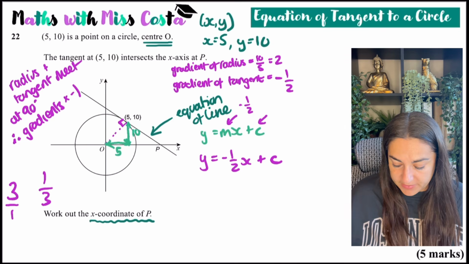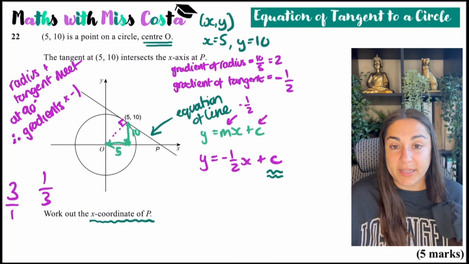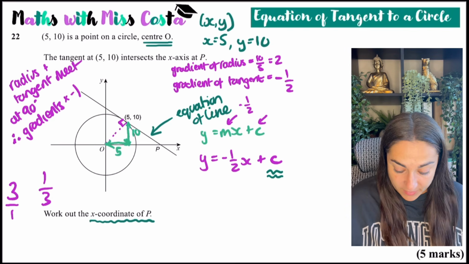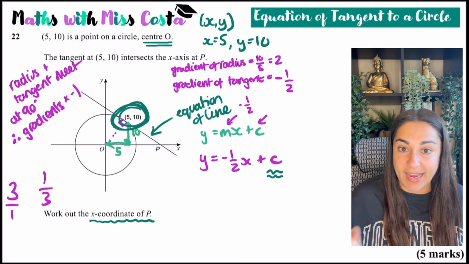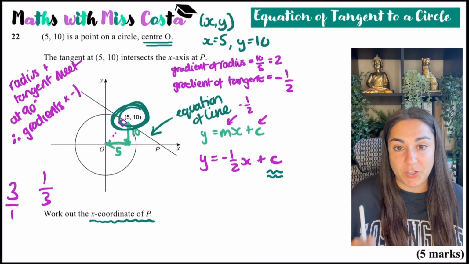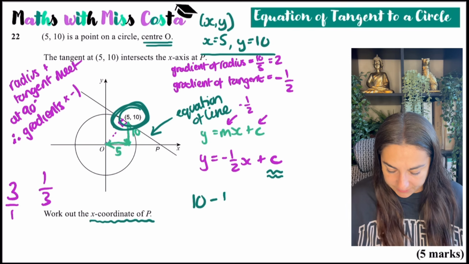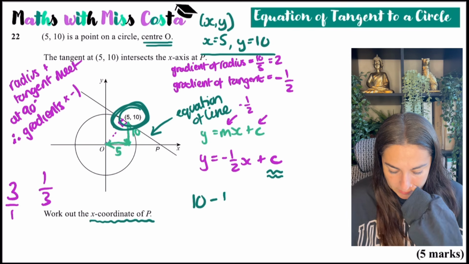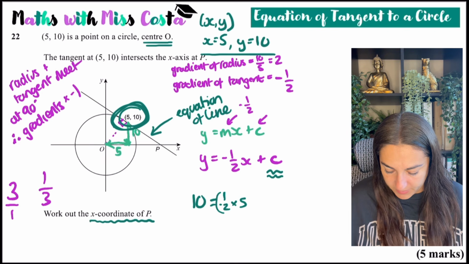Now I'm going to need to try and work out what c is, and c is the y-intercept. What is really handy is that I've been given this coordinate which lies on the tangent, so I've been given an x and a y value, so I can use those to substitute into this equation. So when y is 10, x is 5, so 10 equals minus a half times 5 plus c.